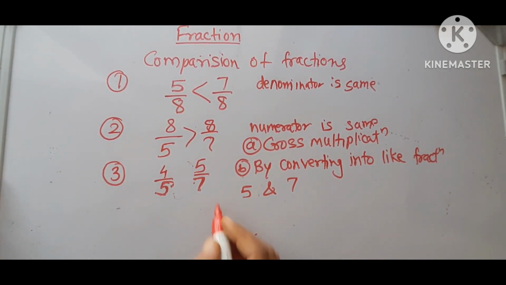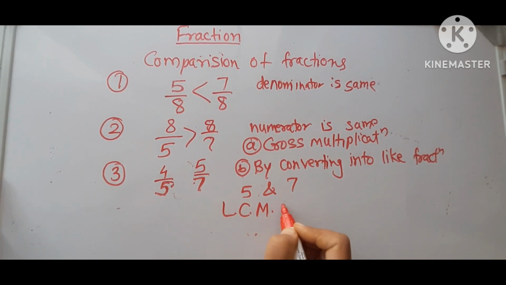If you don't know how to find the LCM, in my another video I've explained in full detail what LCM is and its different properties. I'll put the link of that video in the description. Please go through that. It is very important to know how to find the LCM for learning fractions.